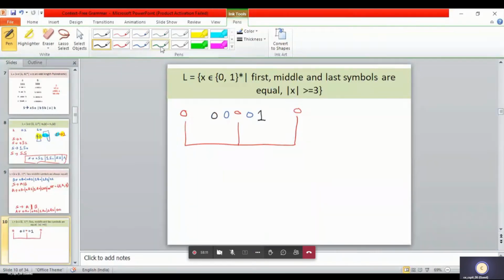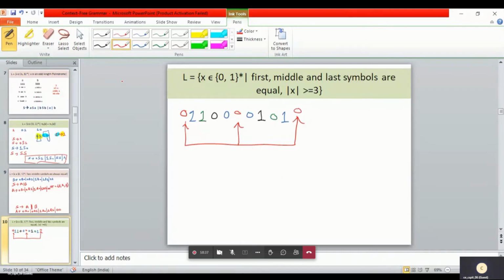I can put a combination of 1 and 0, or I can put a combination of 1 and 1. So you can still see that the first, middle, and last all are equal.